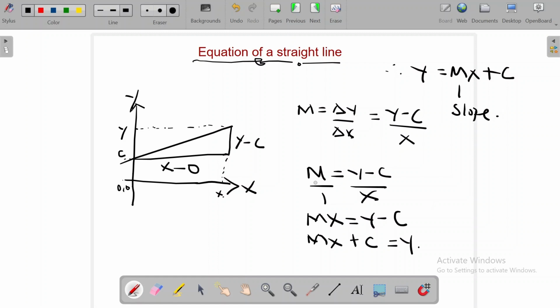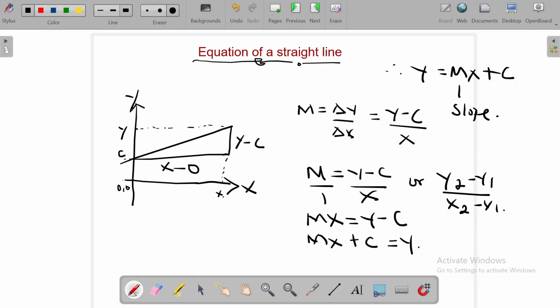Now recall, I said m is equal to y minus c over x, and this can also be written as y2 minus y1 over x2 minus x1, if the values of y and x I'm considering are not at the point where the line cuts the y-axis.